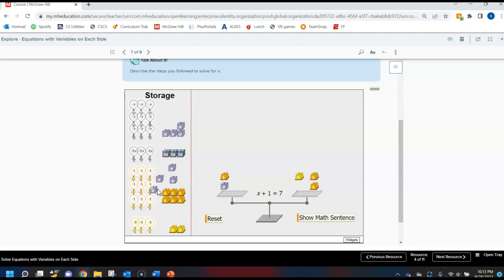Now I have x plus 1 equals 7. Well, now each side also has a 1, so I can take one of those away. Again, you see how if we want to keep it balanced, whatever we do on one side, we have to do the same thing on the other side, and that keeps that equation balanced. So we end up with our solution, x equals 6.